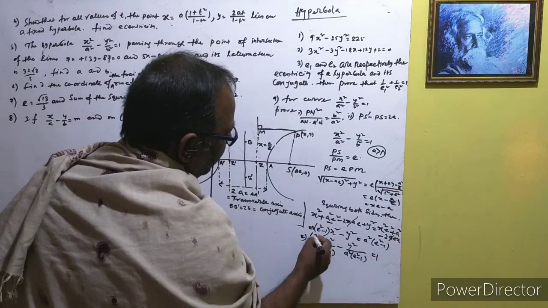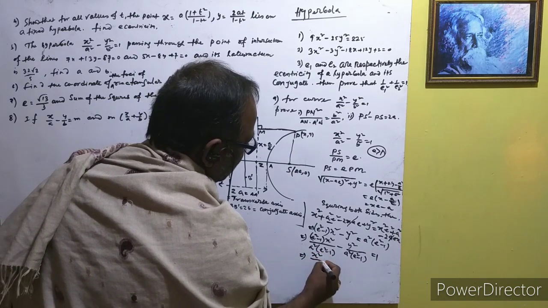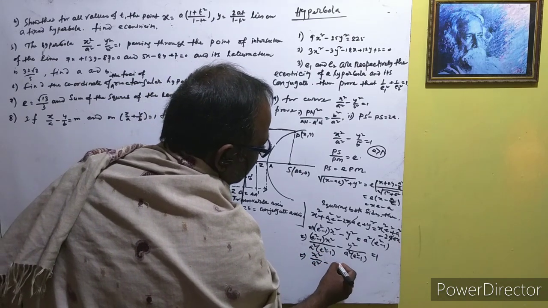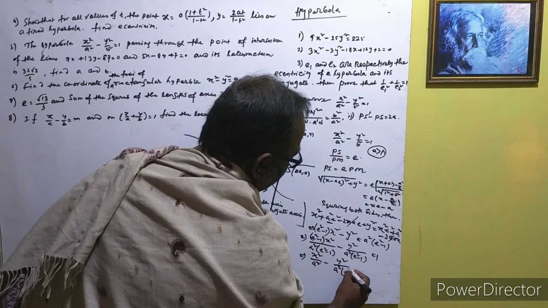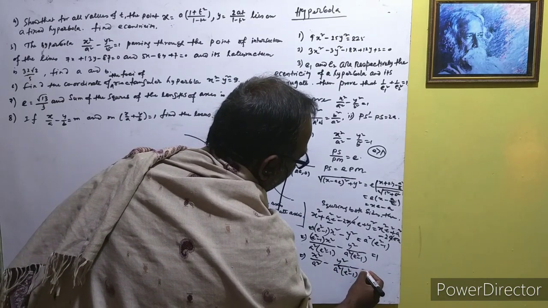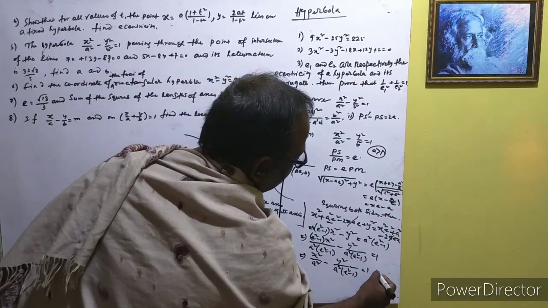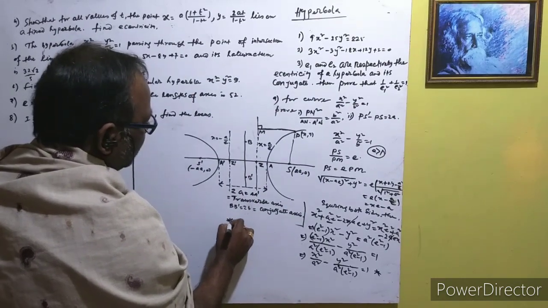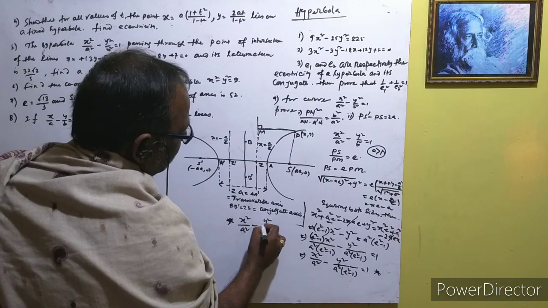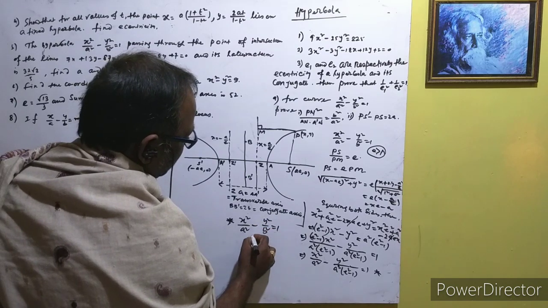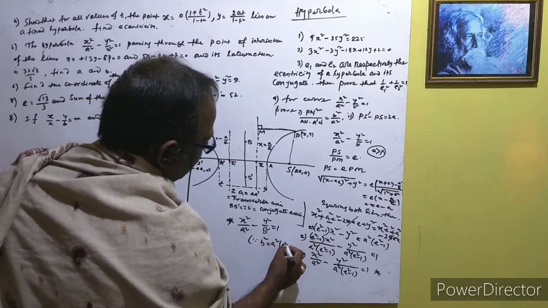These two factors, e square minus 1, cancel. So the equation is x square by a square, and students see carefully, and y square by b square, where we can assume b square equal to a square into e square minus 1. So that is x square by a square minus y square by b square is equal to 1.